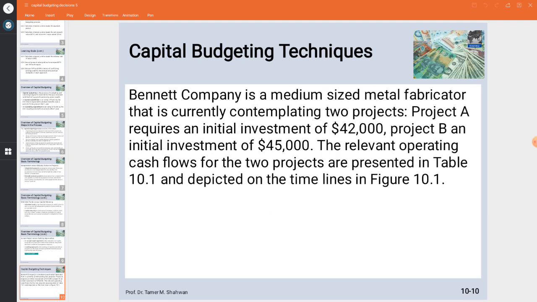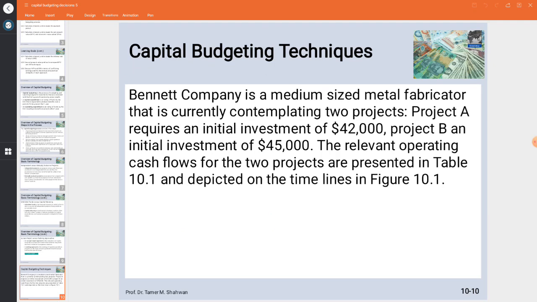Here, this is the Bennett Company. This is a medium-sized metal fabricator that is currently contemplating two projects. Project A requires an initial investment of $42,000. This is our initial cost.